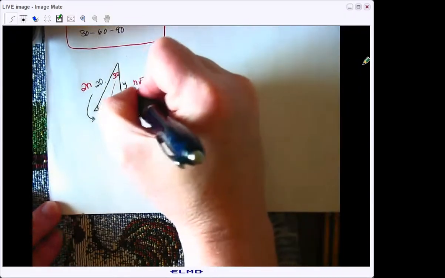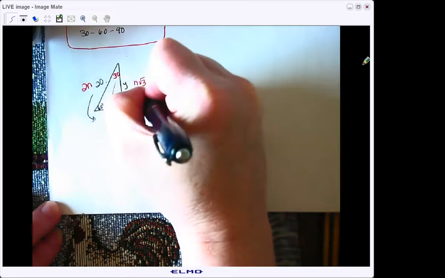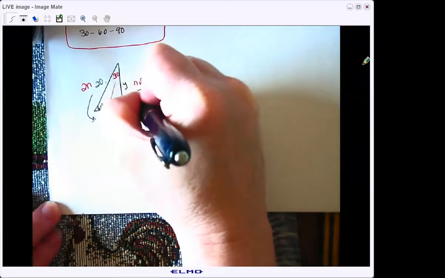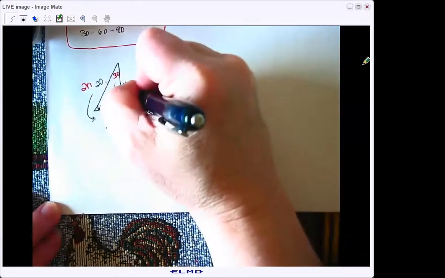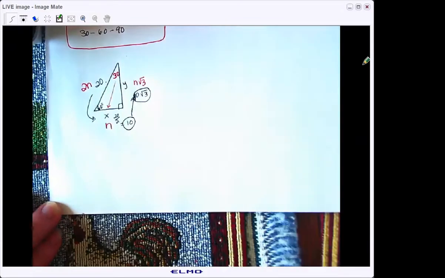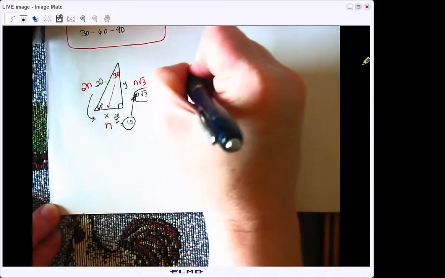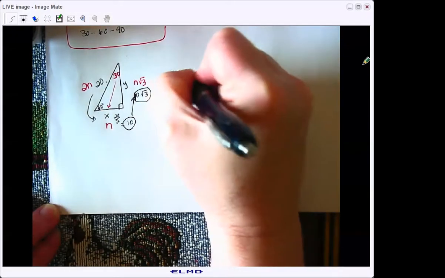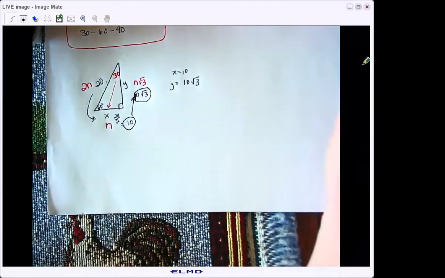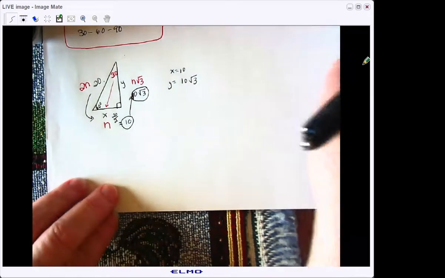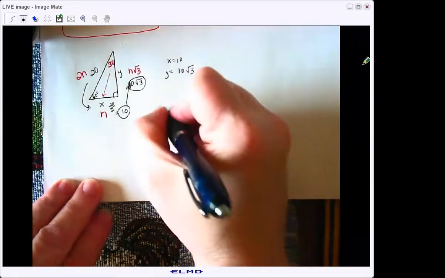This is an exercise of plug it in and simplify. So we know that x is equal to 10 and y is equal to 10 root 3. Okay, third example.